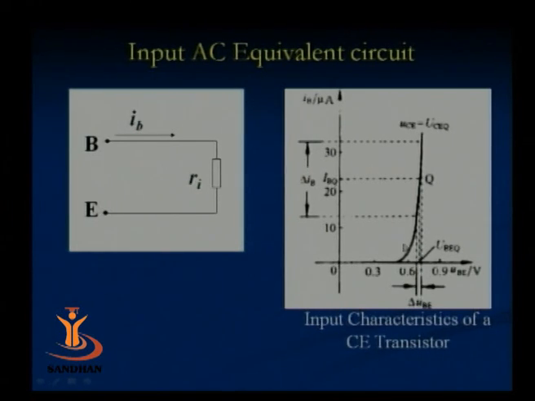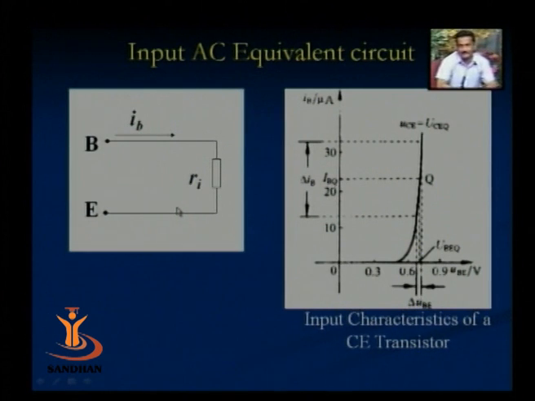If you look at the characteristics, the ratio of voltage to current represents a simple resistor, a forward resistance. So between base and emitter we consider that a small resistance exists, and we call it Ri. Ri represents the input resistance or impedance of the transistor, and that can be seen from the characteristics.